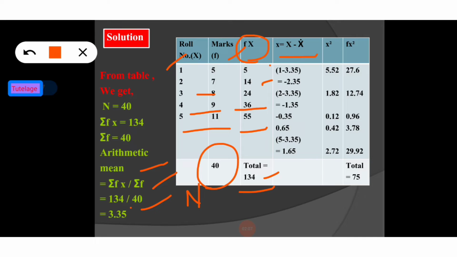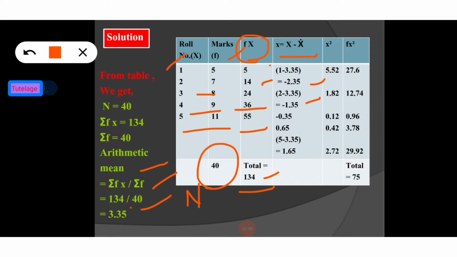So now going to the fourth column. The first observation is 1, and 1 minus 3.35, because x bar, the arithmetic mean, is 3.35, gives the deviation minus 2.35. For the second observation, 2 minus 3.35 is minus 1.35.